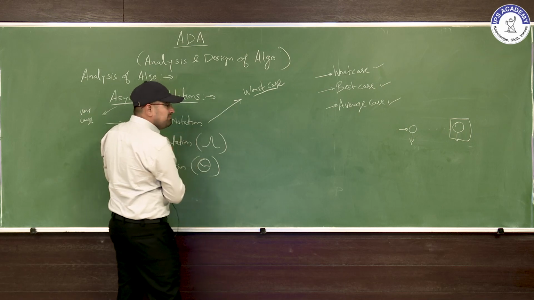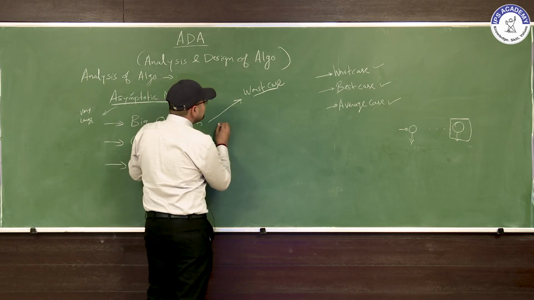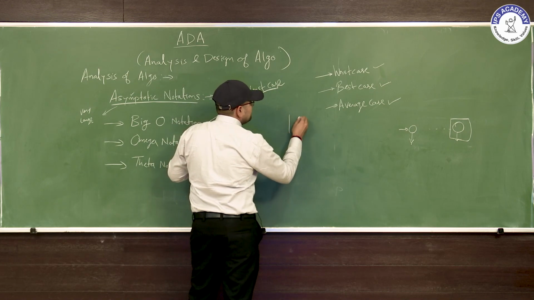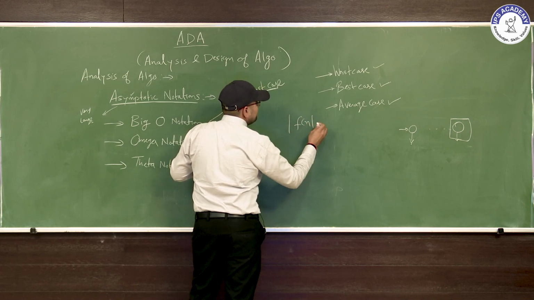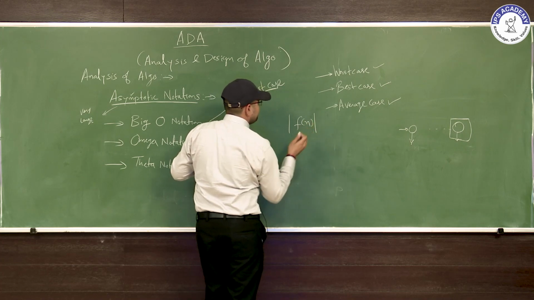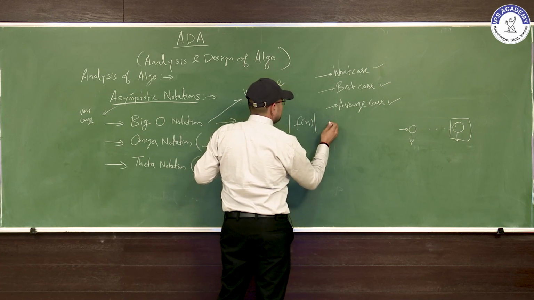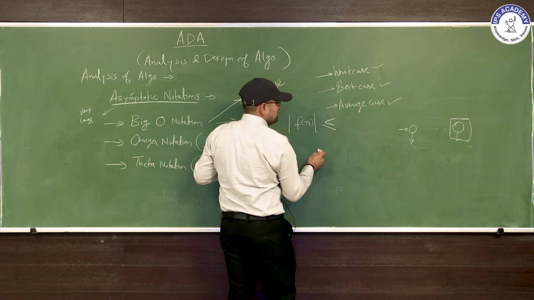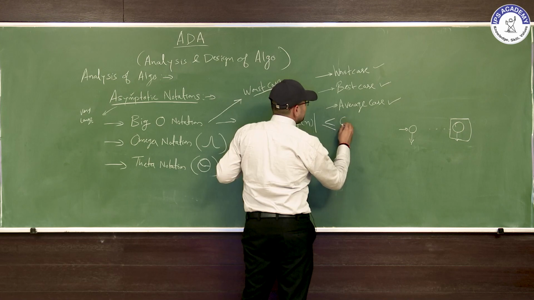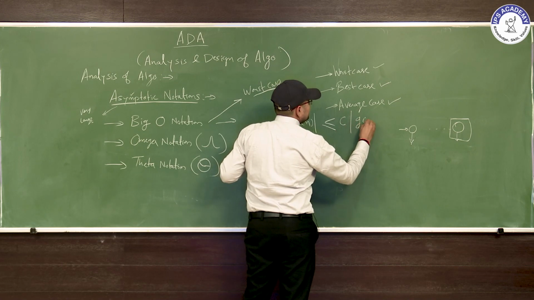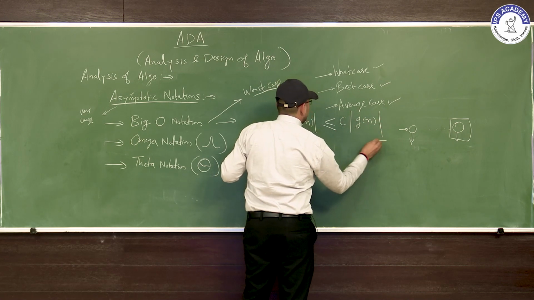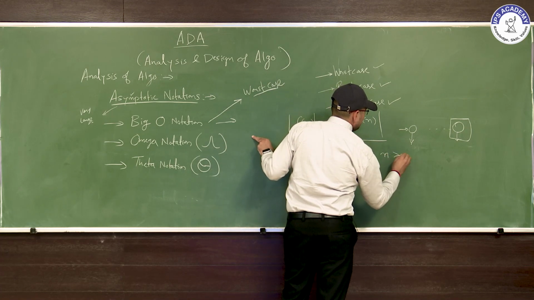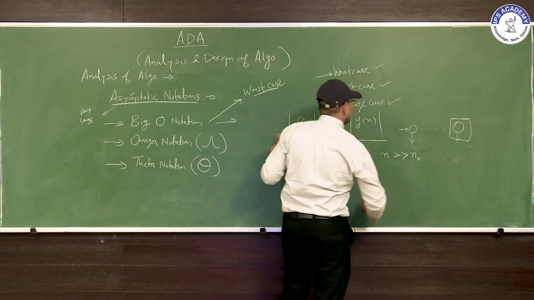It is represented by Big O, and if we express it mathematically, then we would be writing the magnitude of f of n would be smaller than or equal to some constant c times g of n, where n is very large, greater than some value n0.